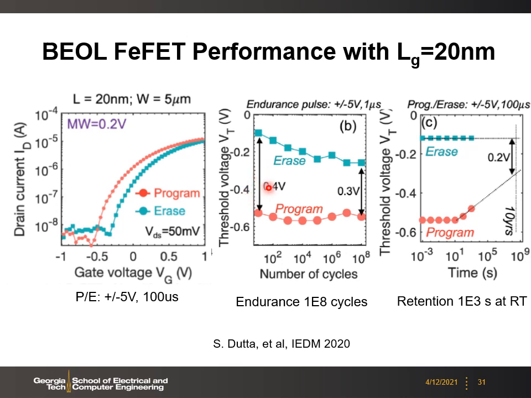The memory window is well maintained after the cycling with 5 volts and 1 microsecond pulse width. Lastly, the data retention is reasonable. After 10 to the power 3 seconds, the memory window is still distinguishable at room temperature.